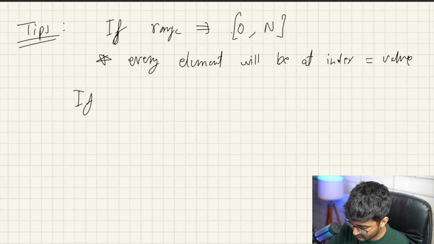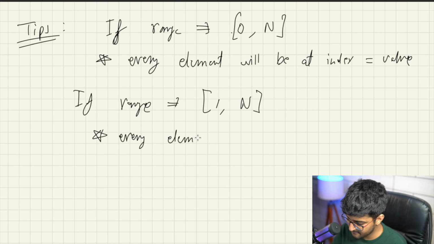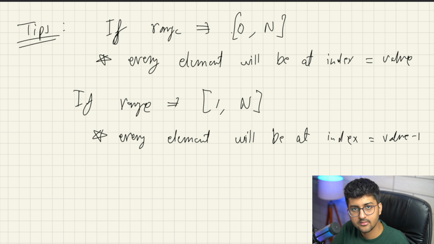If the range is 1 till n, it's very simple. Every element will be at index what? We did in the very first example. Value minus 1. That's it.